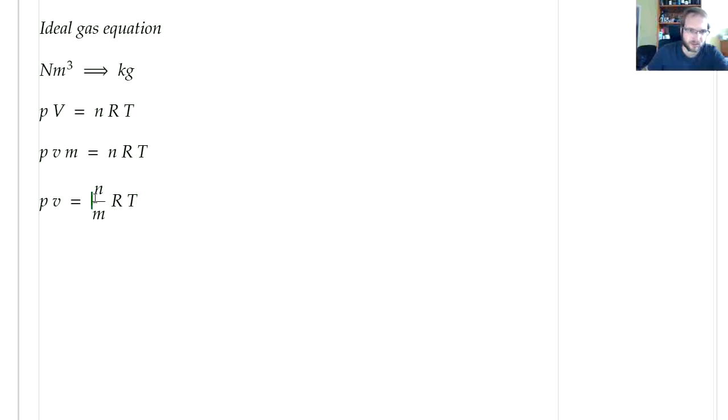And now this n over m is actually 1 over capital M as molar mass, because molar mass M equals m over n.